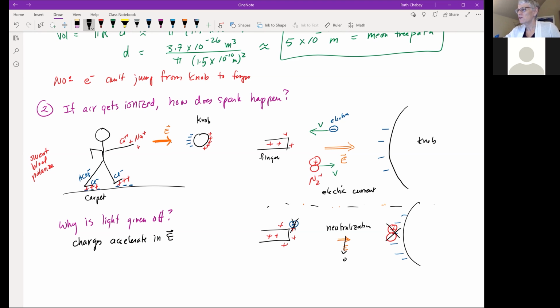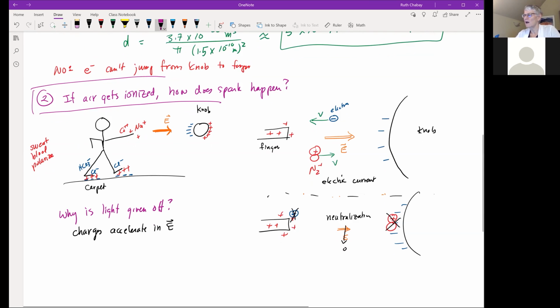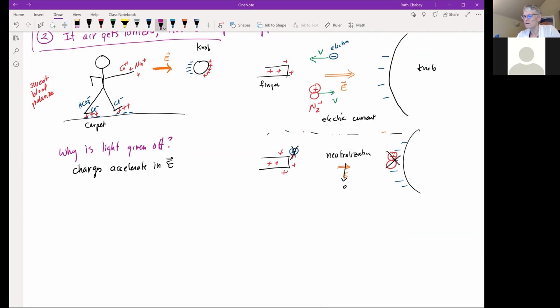So it looks like air ionizing, we like air ionizing. This is a good model. But the question is, how does the air get ionized?